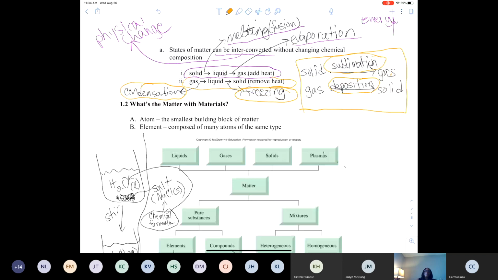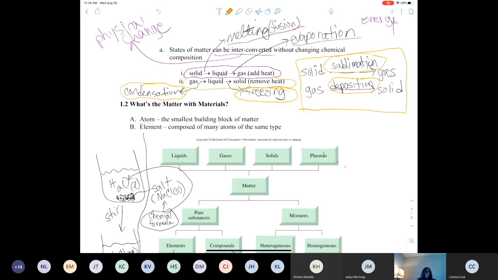And so we've talked about the three major states of matter. And so we said that matter is anything that has mass and occupies space. And so the very smallest entity of matter that can't be divided or broken down into any simpler means is called the atom. So all matter is composed of atoms.